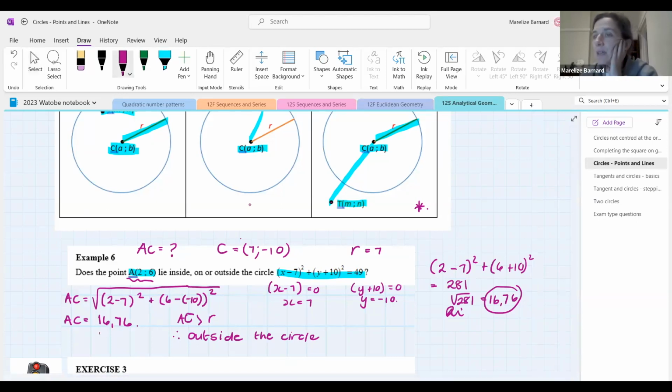Look, you're going to have a step here that says AC is root 281, and it's just so that it's easier to compare 16,76 to 7, or just 281 to 49, which is the squares. So either way is fine, as long as you show what you are comparing. And here I compared AC to R, so that's why I made it decimals. All right, thank you, ma'am.